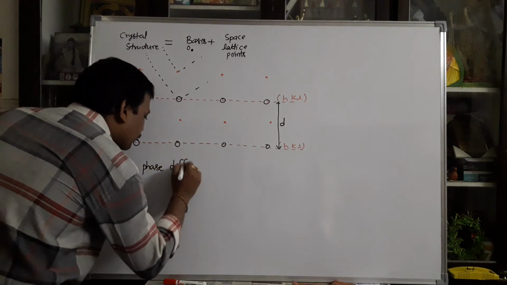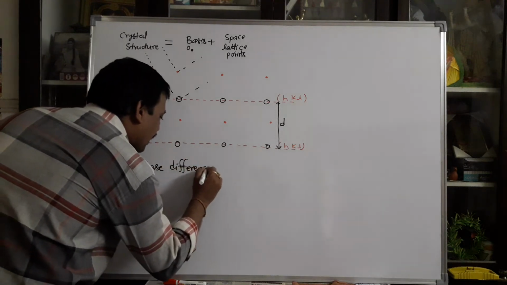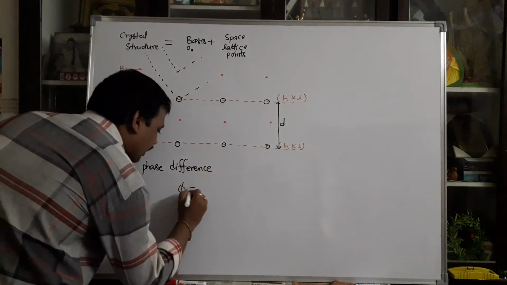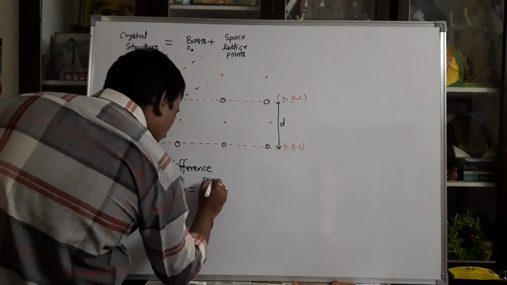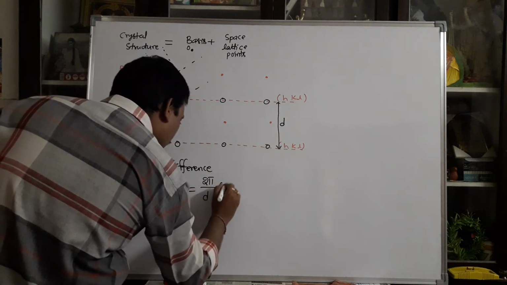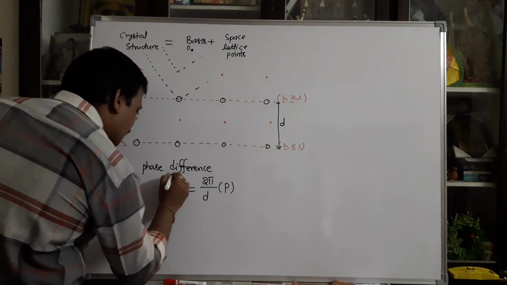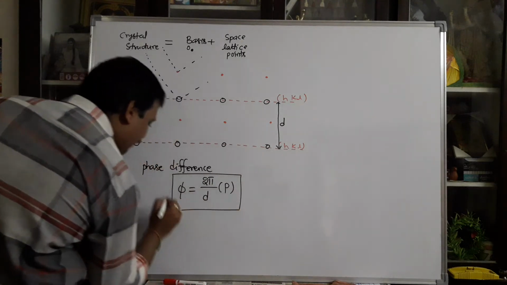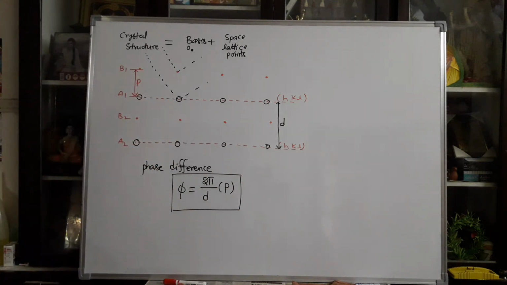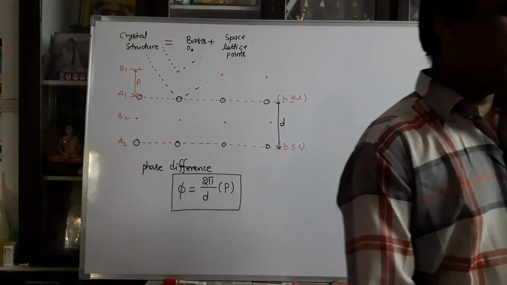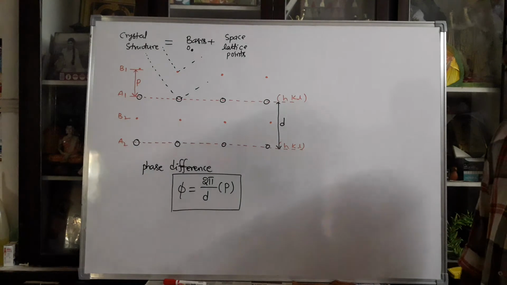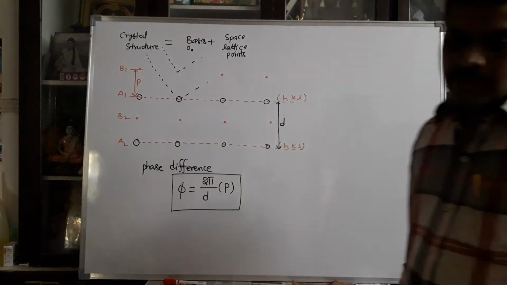The phase difference between the reflected beams of X-rays by the A plane and B plane can be taken as phase difference equal to 2 pi by d into P. P is the height of the plane with respect to the basis and lattice planes, and d is the interplanar distance.